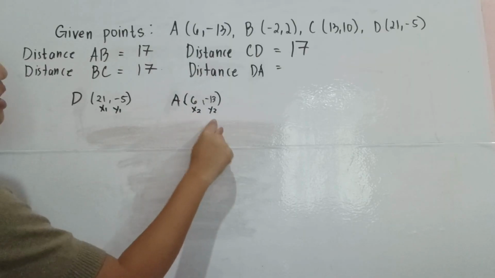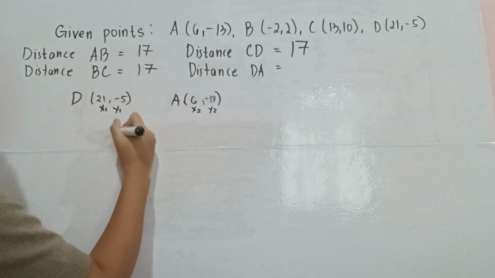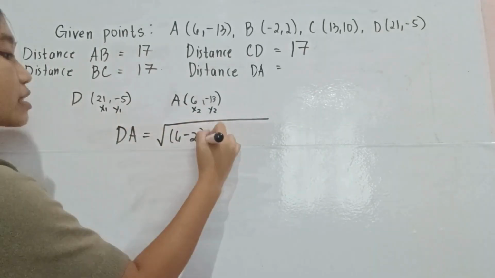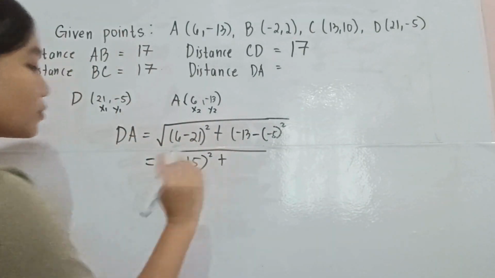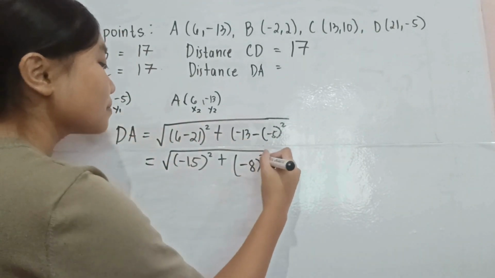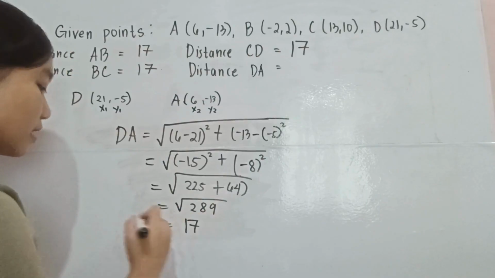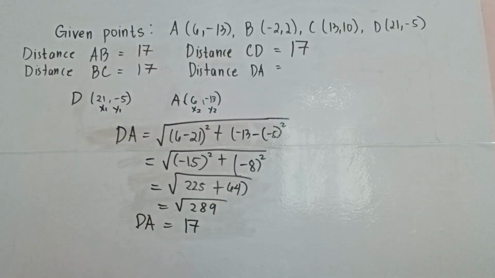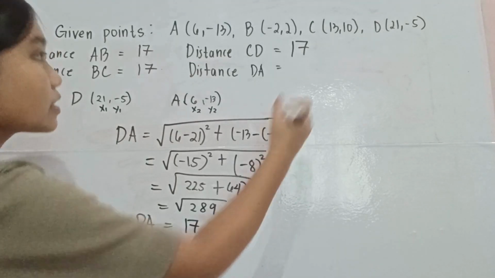For point A, 6 and negative 13 would be our x sub 2 and y sub 2 respectively. Now substitute these values in our formula. Therefore, the distance between point D and point A is 17 units.